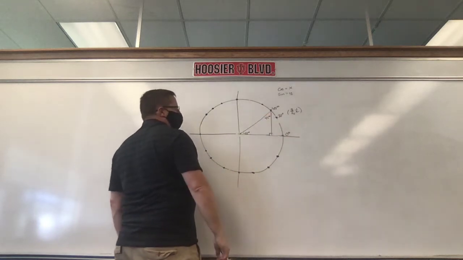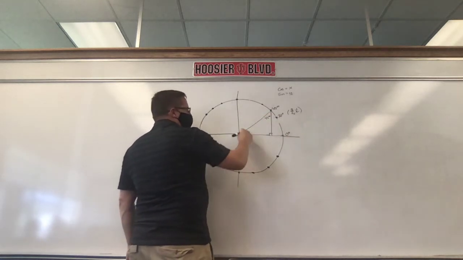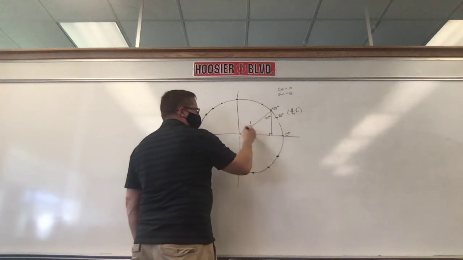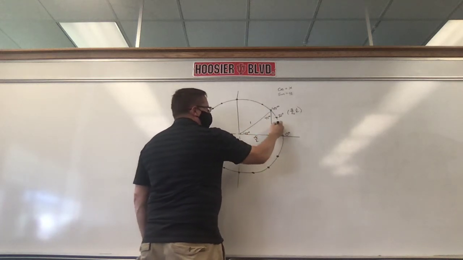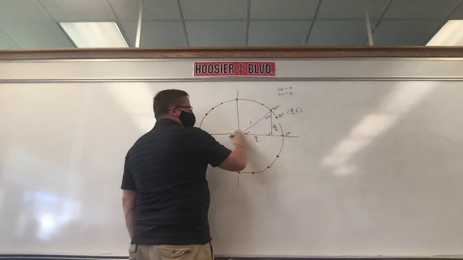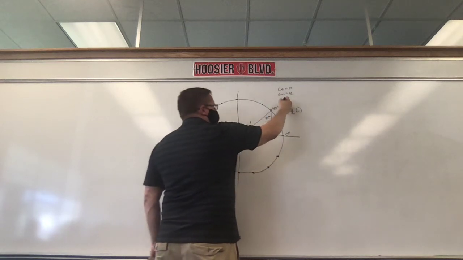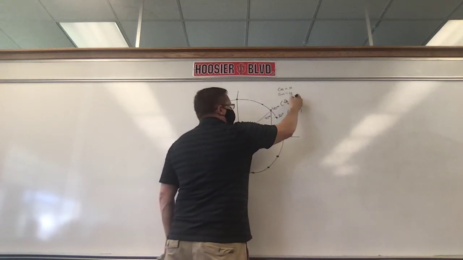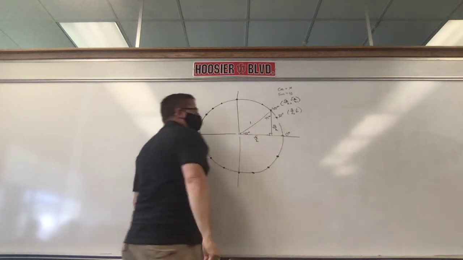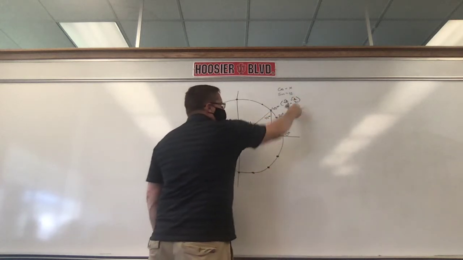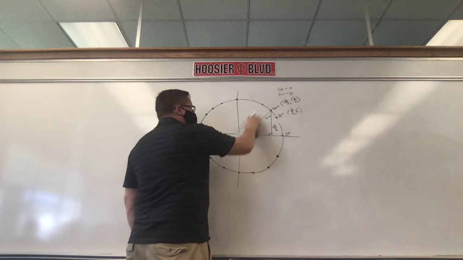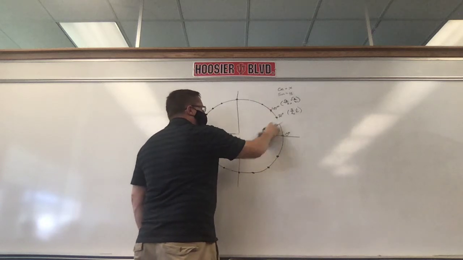And then on our special triangles, this was 1, this is always 1, this is radical 2 over 2, this is radical 2 over 2. So we went over radical 2 over 2 and up radical 2 over 2. So the cosine's radical 2 over 2, as is the sine. And then the last one we did on Friday was 60 degrees.